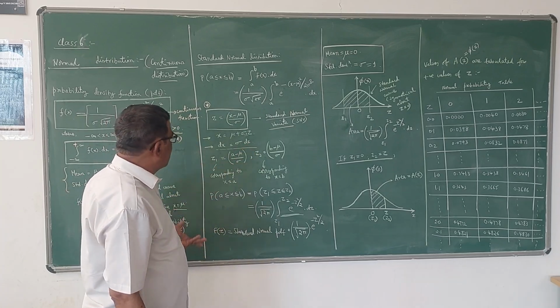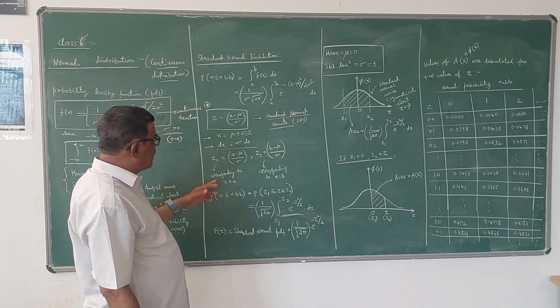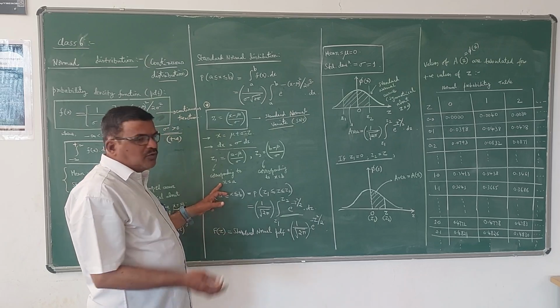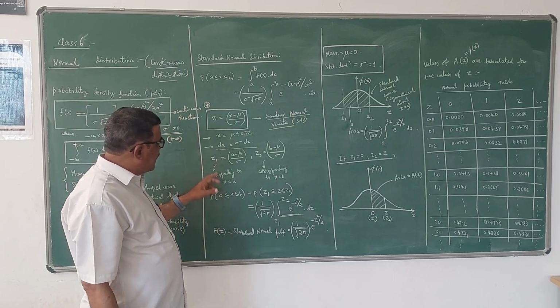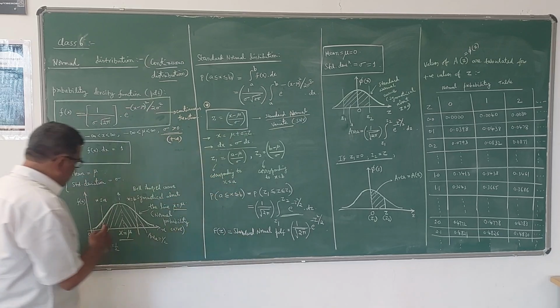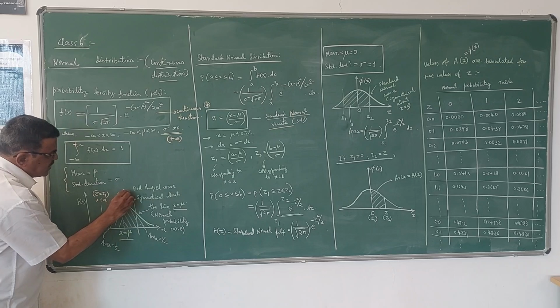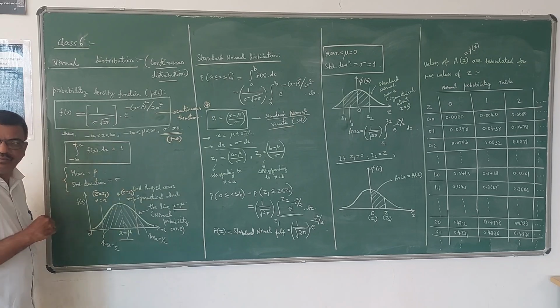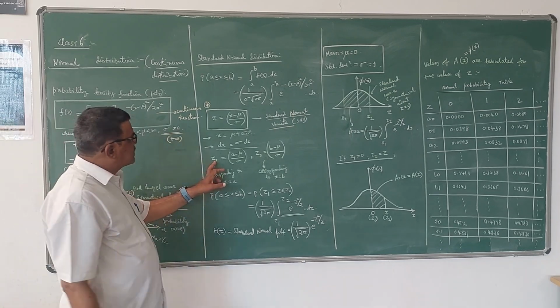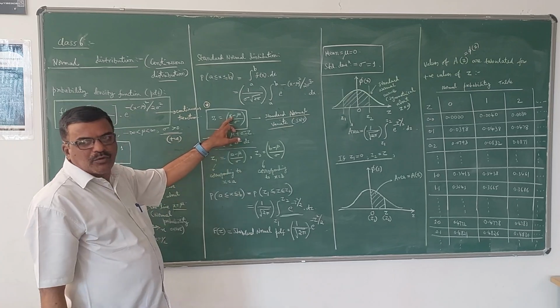Now what I can do here is find the corresponding value of z at x is equal to a. So this is x is equal to a, here the value of z is z1. At x is equal to b, the value of z is z2. So z1, in the place of x you have to put a.